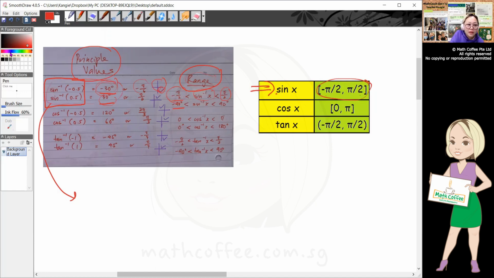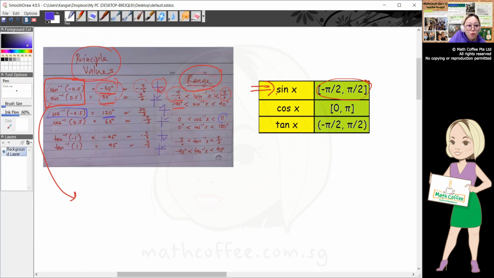You understand? Okay, let's take a look at the cosine. Cosine inverse negative 0.5, when you key into a calculator, gives you 120 degree. So the principal value of cosine inverse negative 0.5 is 120, which in terms of pi is 2 pi over 3. You can see that this is the second quadrant, which goes up to pi because it's 180 degree.